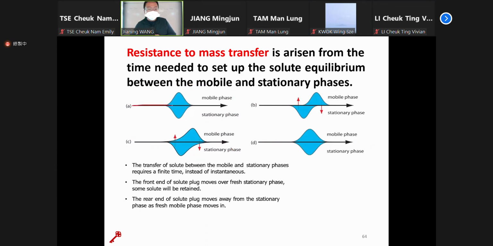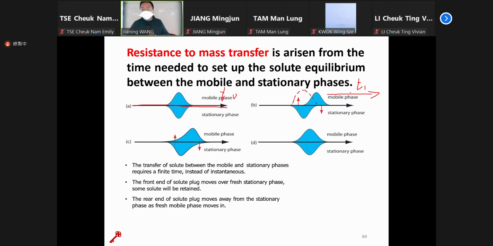ABCD is a time sequence. Initially, there's an equilibrium, but the mobile phase has a direction, right? For example, this one. At time 0, the mobile phase carries the molecules and moves them forward to a new position.